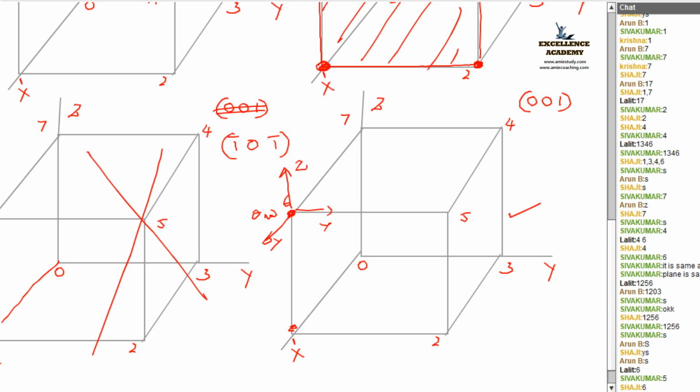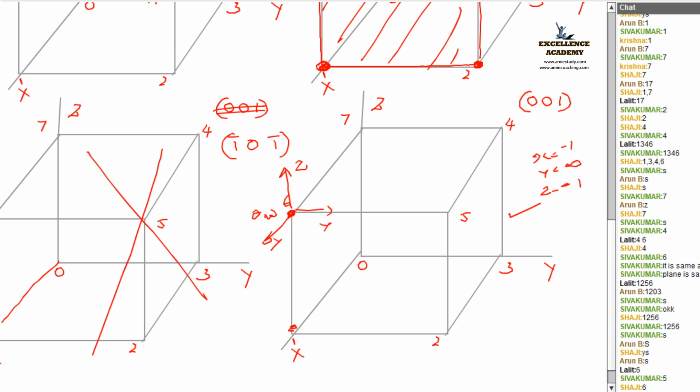Please proceed. The next task is to take the reciprocal. X is equal to minus 1, y is equal to infinity, z is equal to minus 1. Where is the plane?